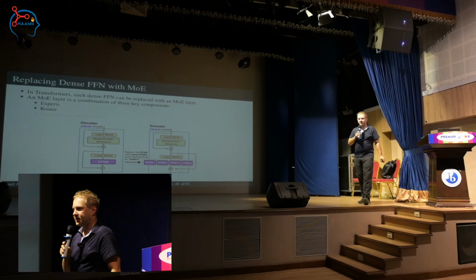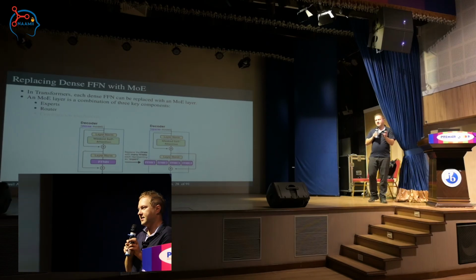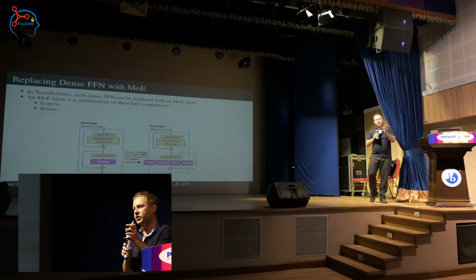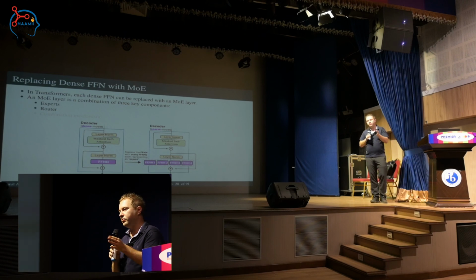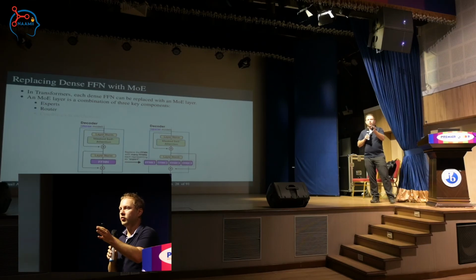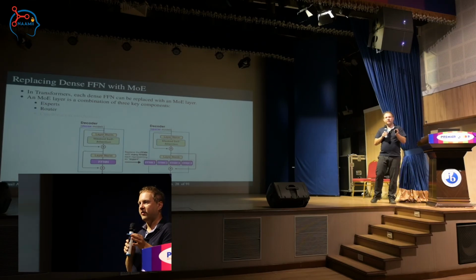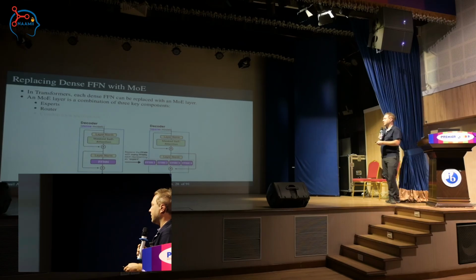It costs very little, but it tells us which of the experts we should go to. We don't want to go to a wrong expert. We need some kind of guidance, and that guidance is provided by the router. We'll go into more details about the router a little bit later.